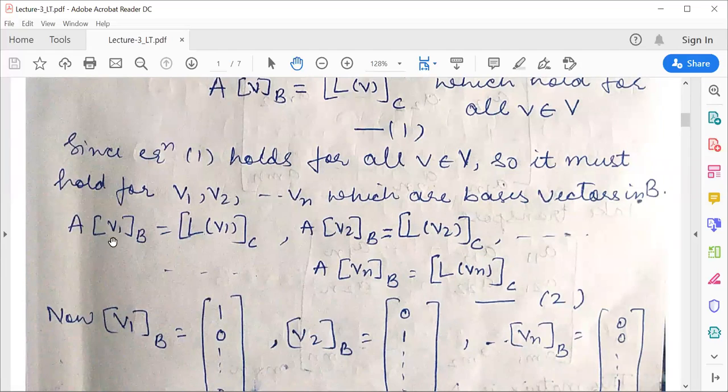Accordingly, A[v1]_B will be equal to [L(v1)]_C, and we can write this up to n.